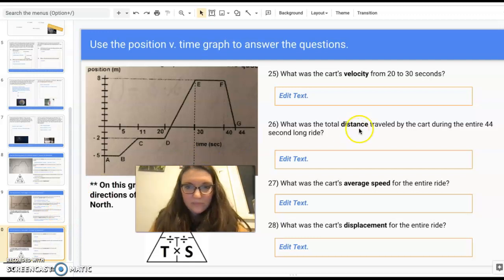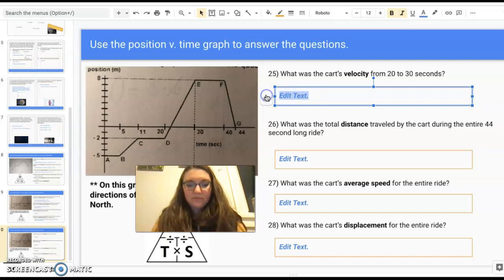Okay, last page here. What was the cart's velocity from 20 to 30 seconds? Okay, so velocity again is taking into account displacement over time. So velocity, and that's the same thing as speed over time. We're just thinking about displacement instead of distance. So velocity equals distance over time.